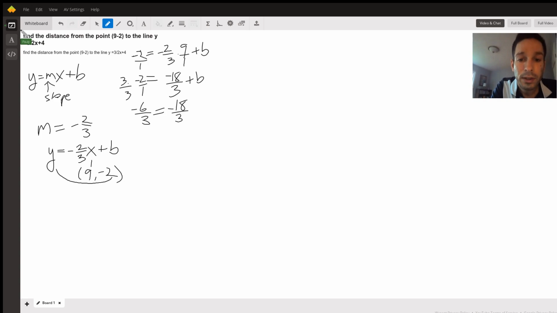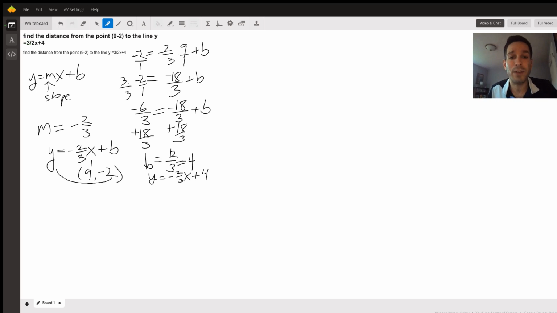Now we can do inverse operations. If we're subtracting 18/3, we're going to add it. These both have the same denominator, so our b value is going to be -6 plus 18, which is 12/3. 12/3 is 4. So our perpendicular line is y = -2/3 x + 4.